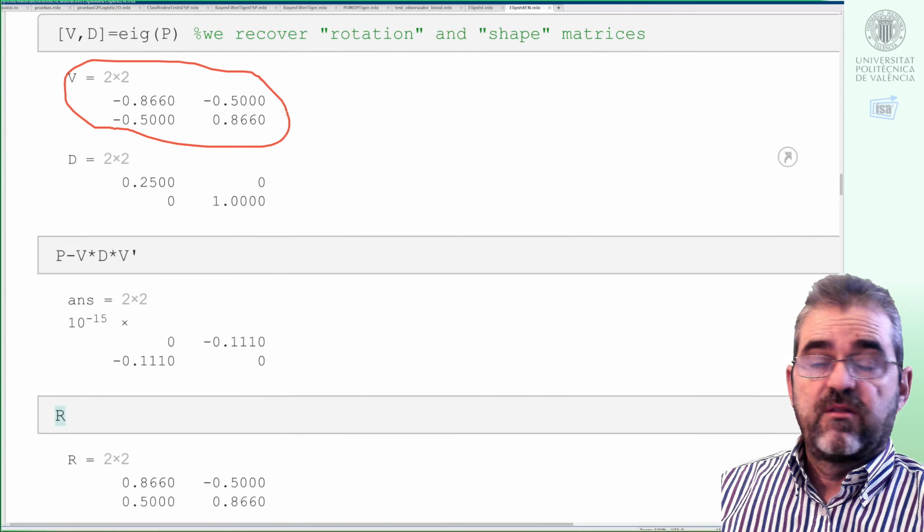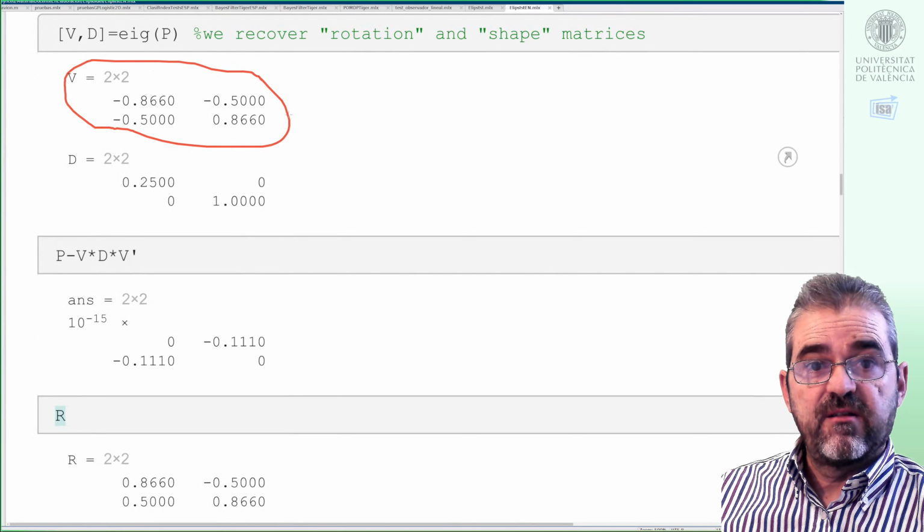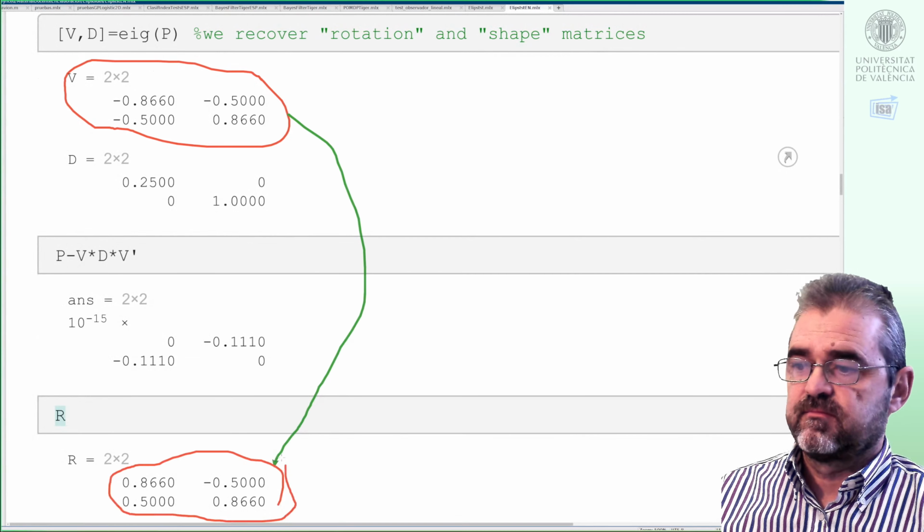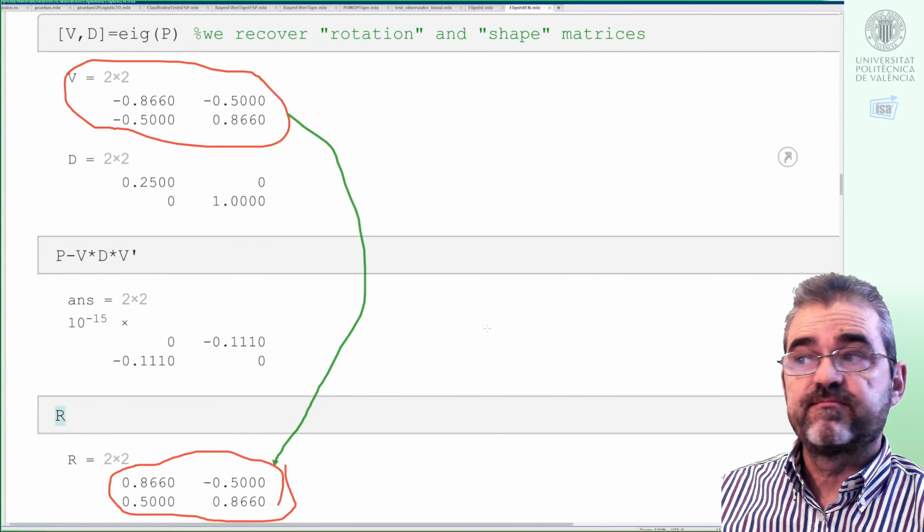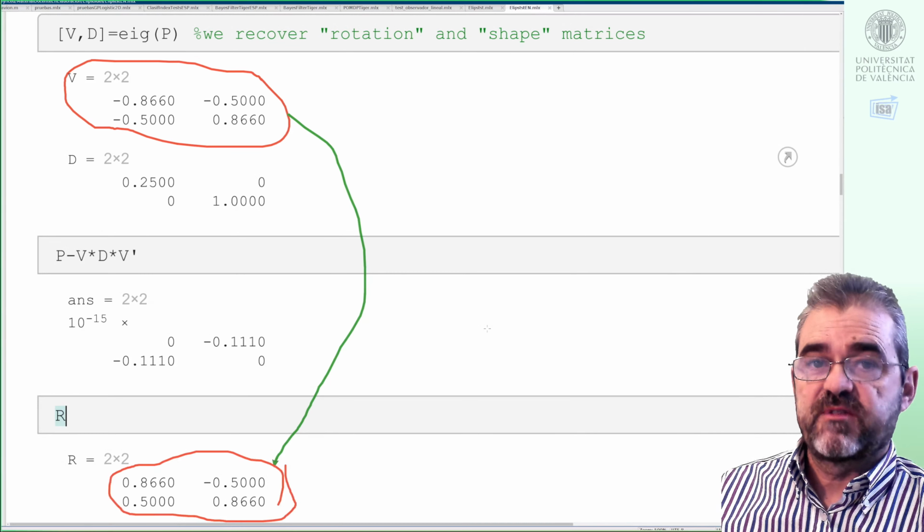And indeed, these are the eigenvectors returned by diagonalization, and they coincide, up to a sign, with the rotation matrix.